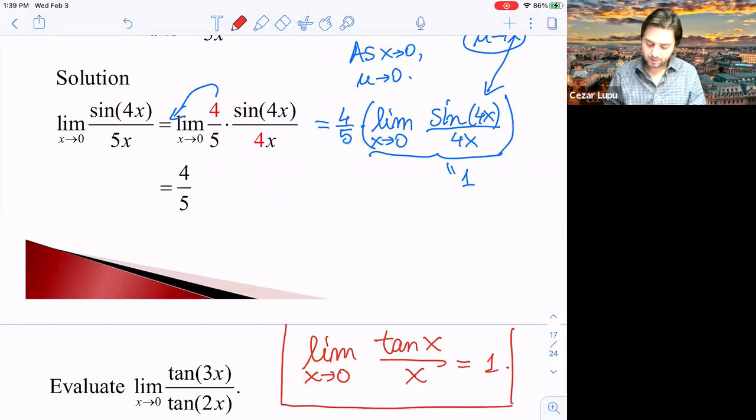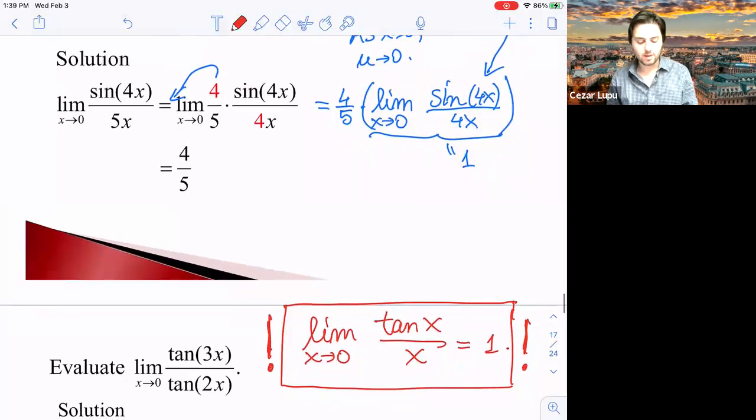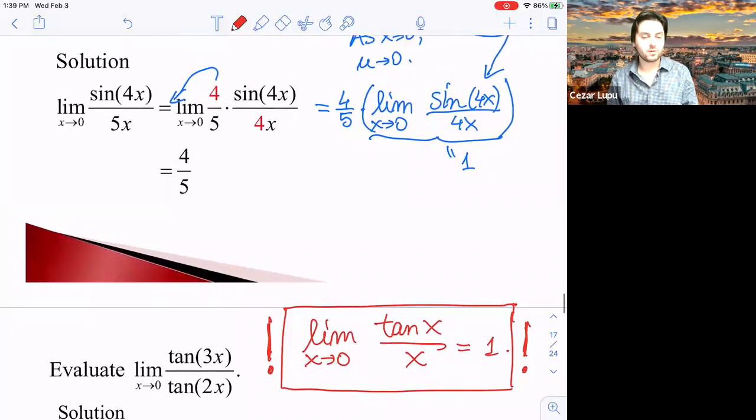So keep this in mind. So we have that the tangent of x is approximately x as x is small enough. So we would like to use this, and we will use this on both the top and the bottom.